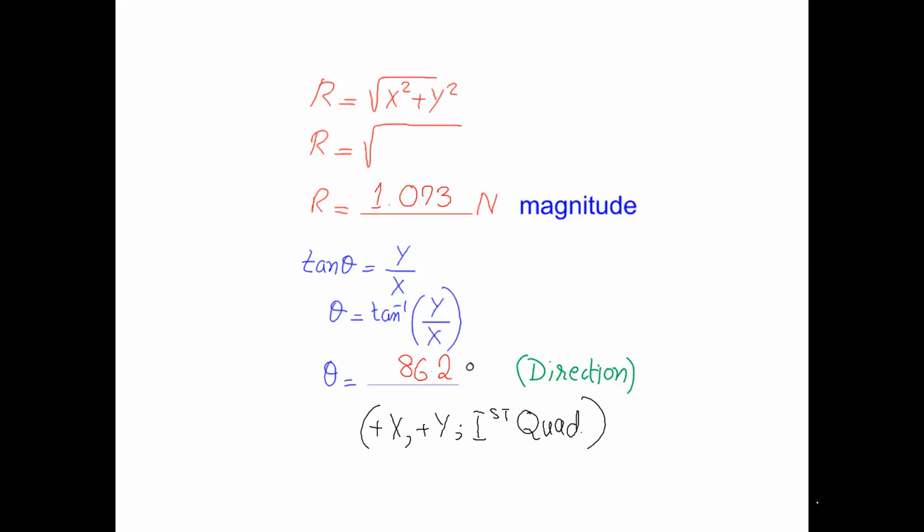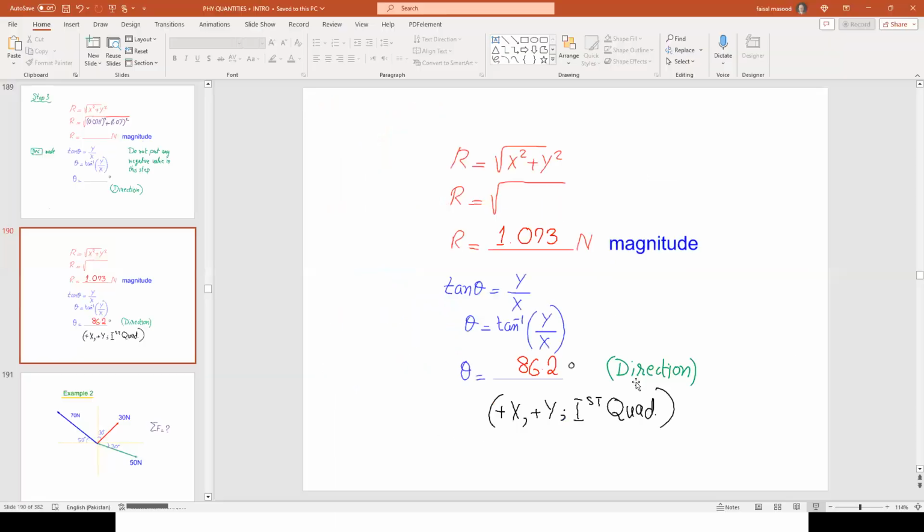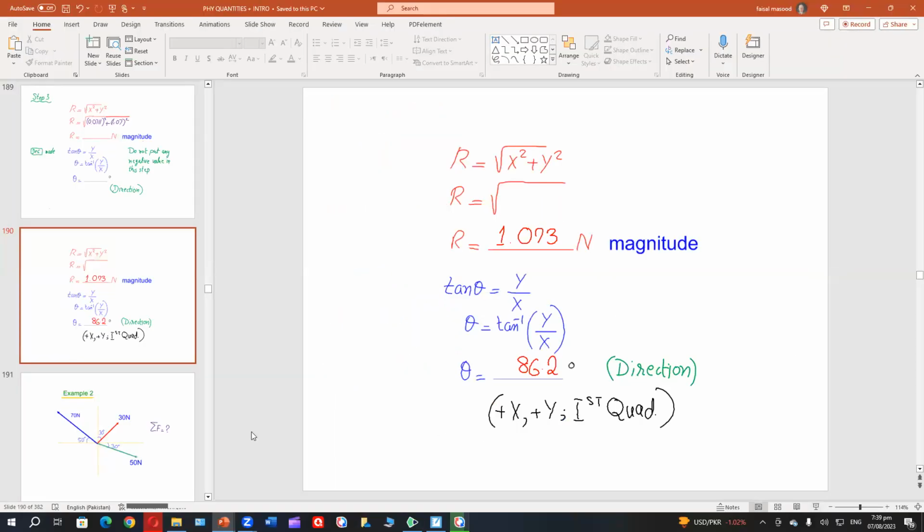When the answer is coming in the first quadrant, then that would be the final answer. No further correction is needed. It would be taken as the final answer.